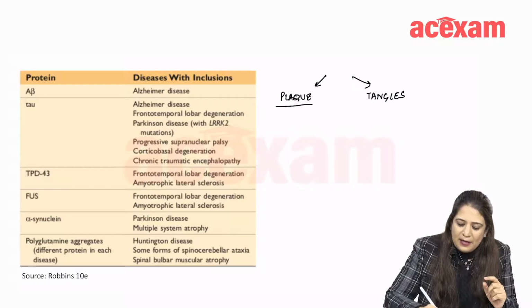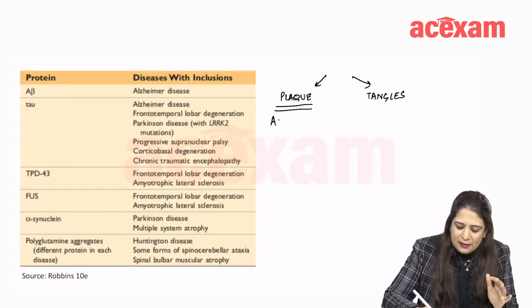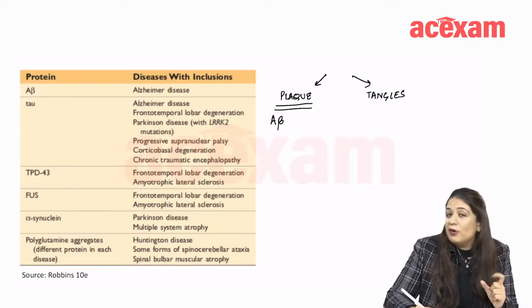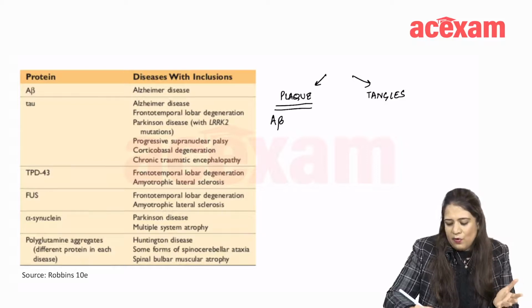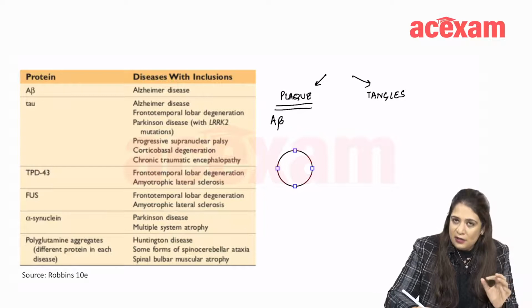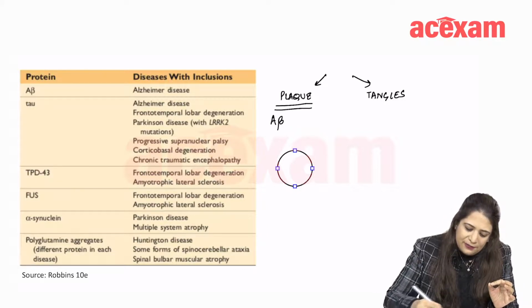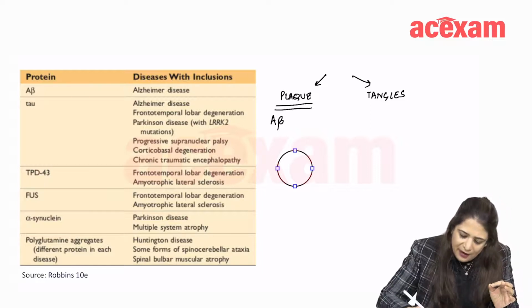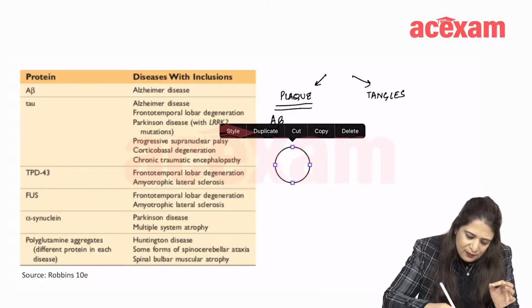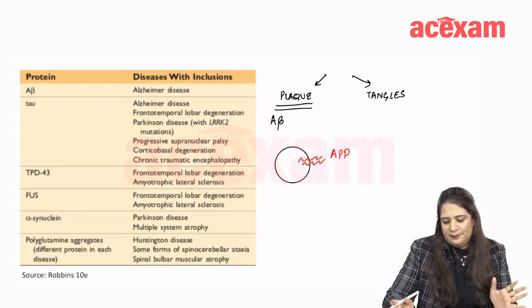So what are plaques? Plaques are nothing but entangled A beta proteins. And how are these A beta fragments formed? On the surface of these nerve cells, they have this amyloid precursor protein expressed on them.